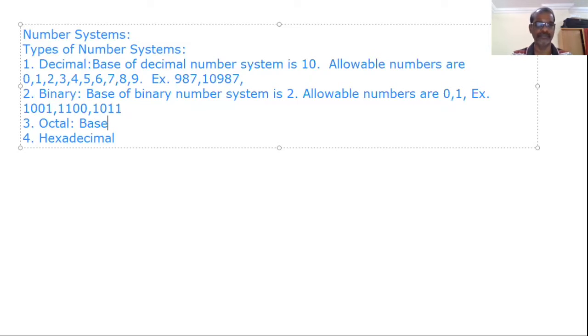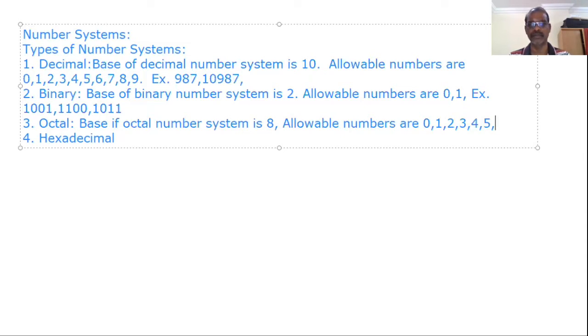Octal. Octal means 8. So the base of the octal number system is 8. Allowable numbers are 0, 1, 2, 3, 4, 5, 6, 7. That's all. So allowable different numbers are 0 to 7.